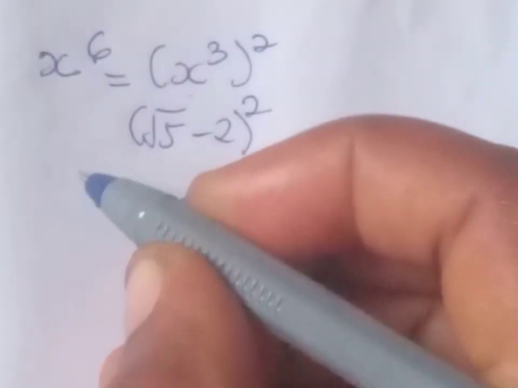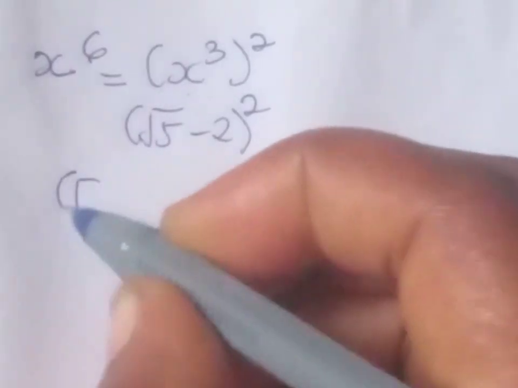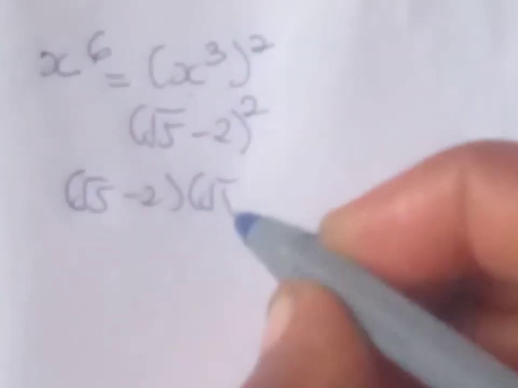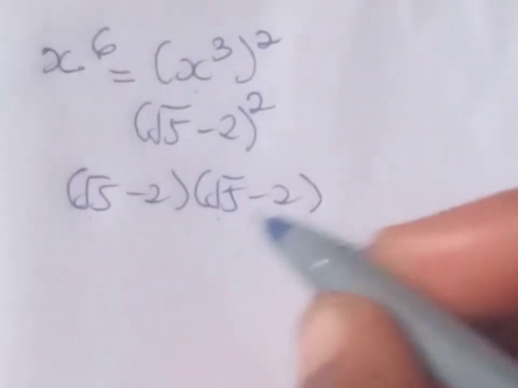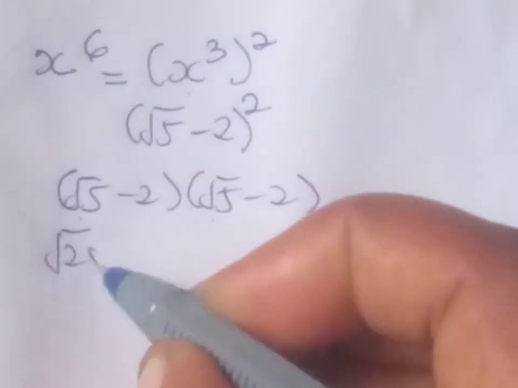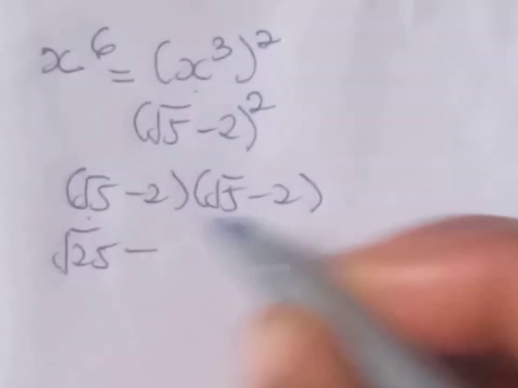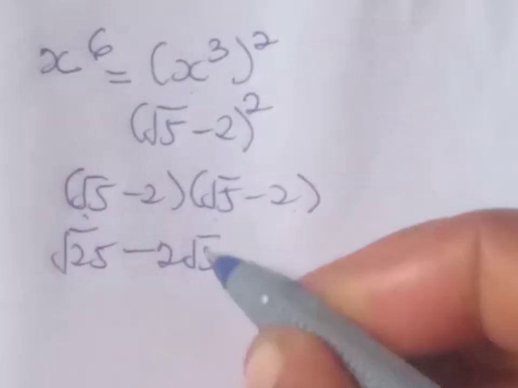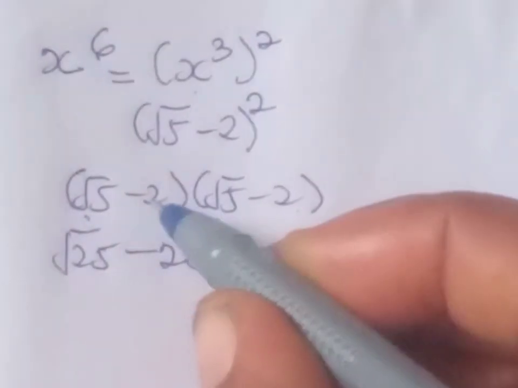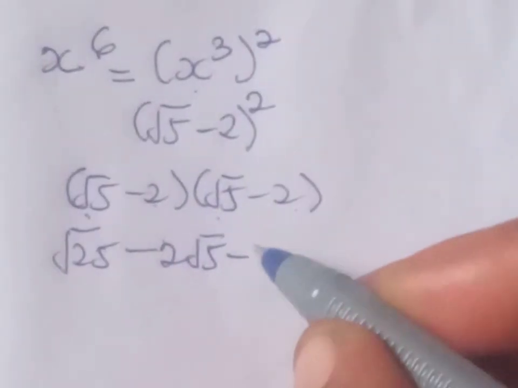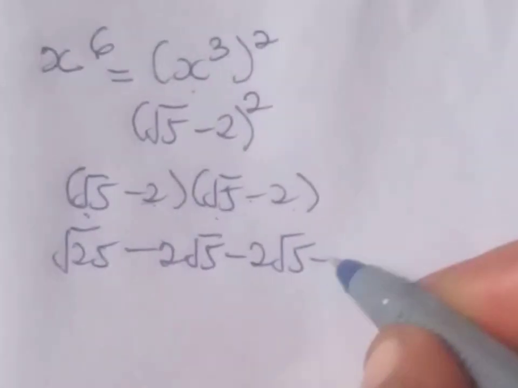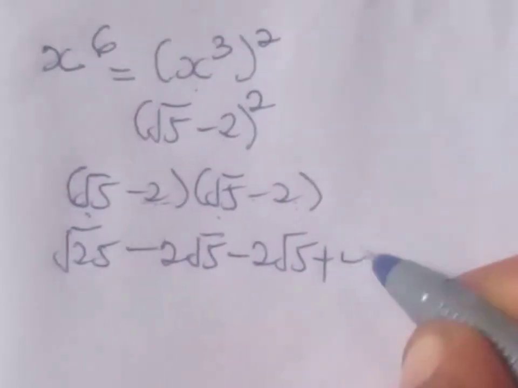Let's expand. Root 5 minus 2 multiplied by root 5 minus 2. Root 5 multiplied by root 5 will give us root 25, minus root 5 multiplied by 2 will give us 2 root 5, minus 2 multiplied by root 5 will give us 2 root 5, minus times minus will give us plus. 2 times 2 will give us 4.